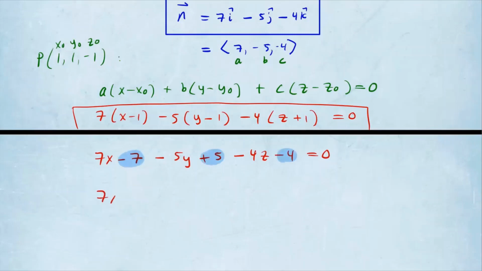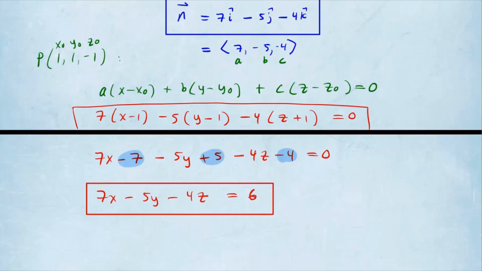So you'll have 7x minus 5y minus 4z is equal to, let's add them up first. So 5 and negative 4, that's 1. And then plus negative 7, that's negative 6. Move it to the right-hand side, positive 6. So there you have another way of writing the equation of the plane where your x, y, and z is equal to a constant term.